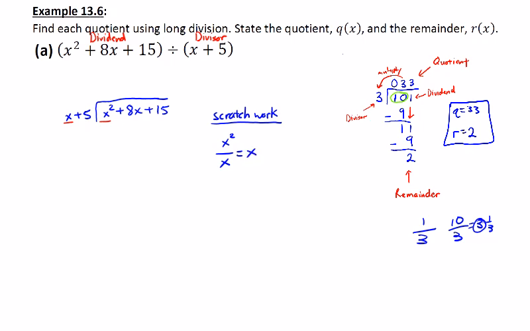That becomes the first value in our quotient. I stick it up above the x term in our dividend as an organizational piece. So this 3, the first part of our quotient, is analogous to the x that we just came up with here. We're going to be trying to parallel these processes the whole way through.